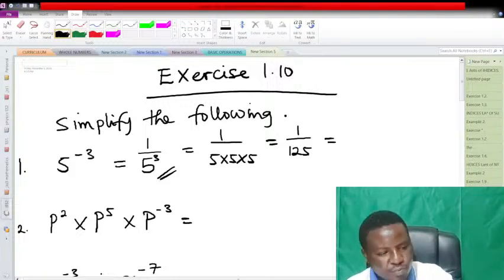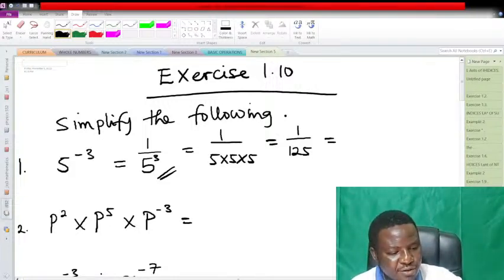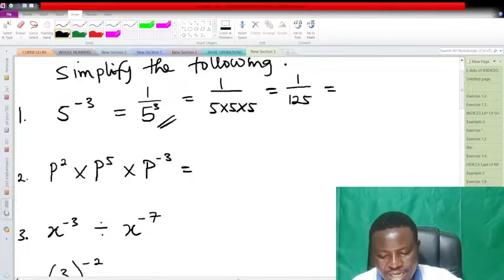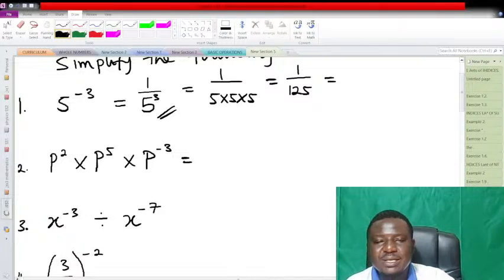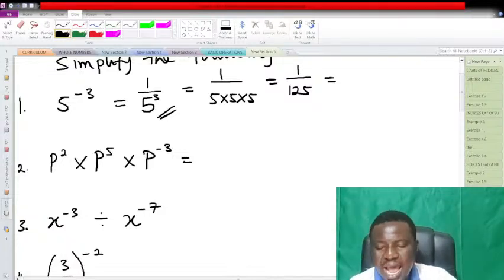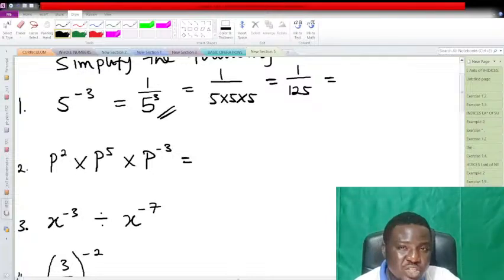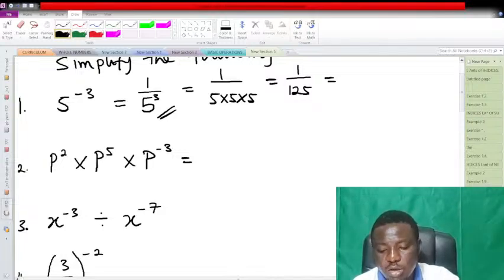B, still with the negative power law. We have a lot of them, not just a negative power law, but in number 2, I would recommend that you use the indices law of addition in solving this. Indices law of addition says when you are multiplying, you add the powers.